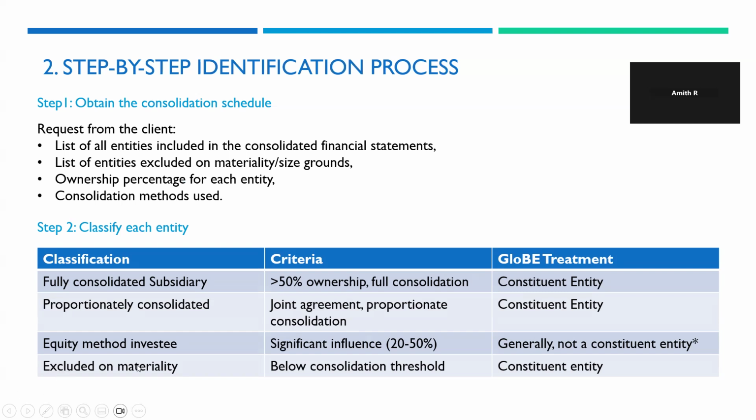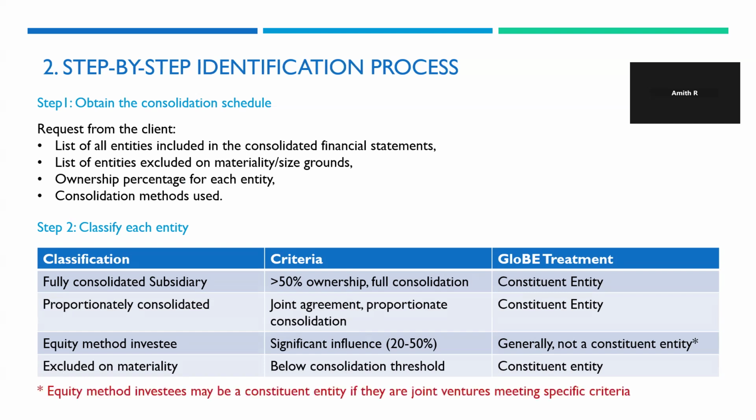And also those which are excluded on materiality concerns, which are below the consolidation threshold, they are also constituent entities. Are you getting this? So the only entity which you can find in a consolidated FS but which would not be a constituent entity is an associate.